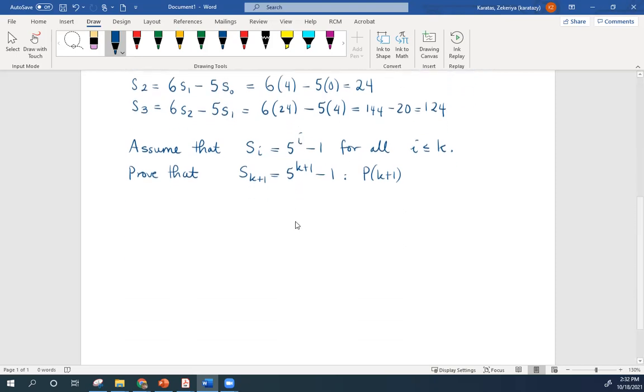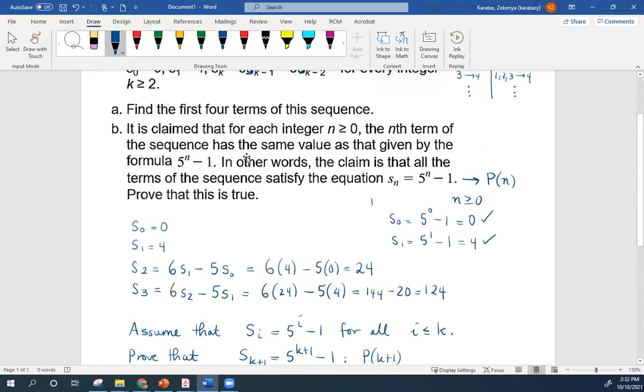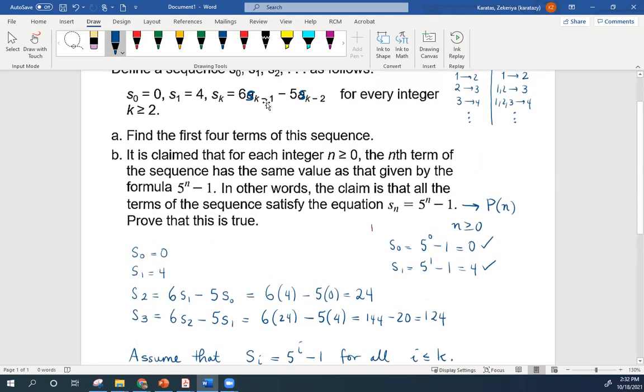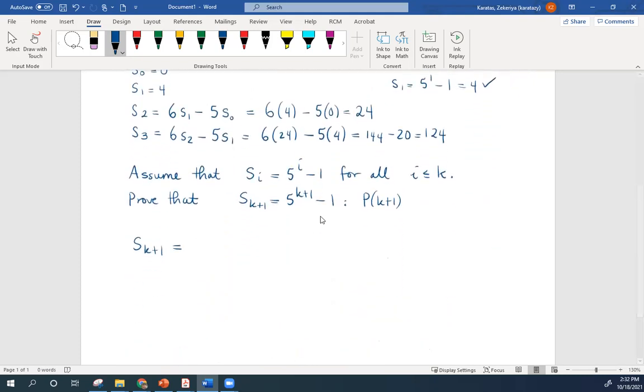Now, sk plus 1, by definition, remember what was the definition at the top? It was 6 times s(k-1) minus 5 times s(k-2). Let me just write it down. So the original sequence was sk equals 6 times s(k-1) minus 5 times s(k-2).